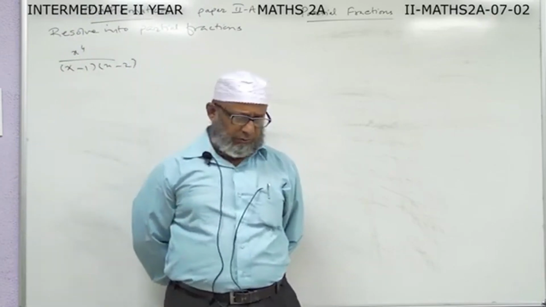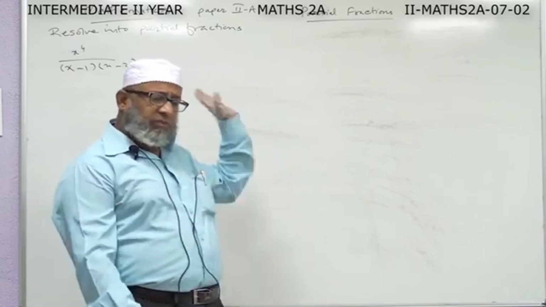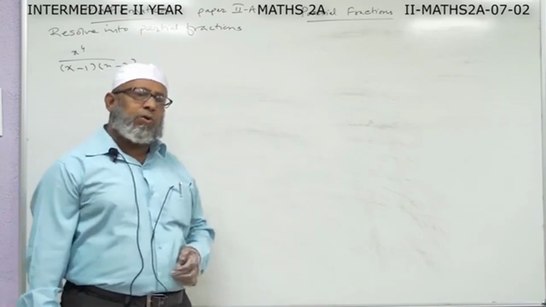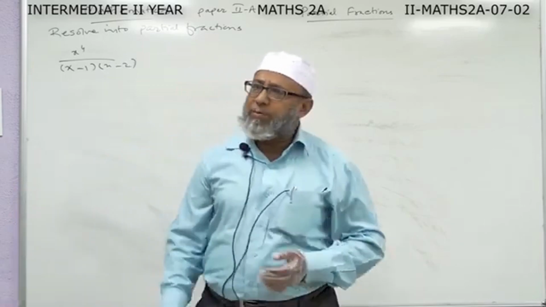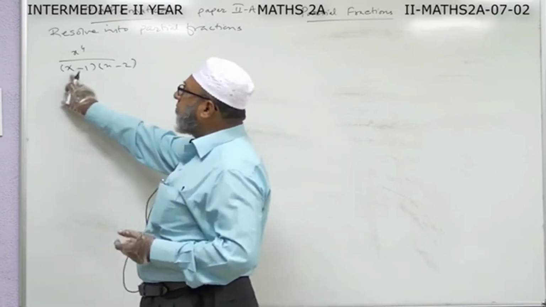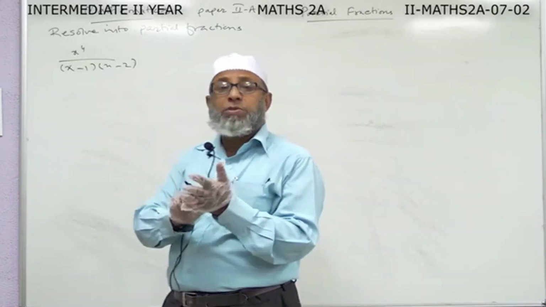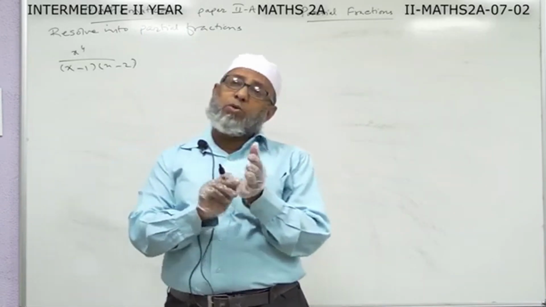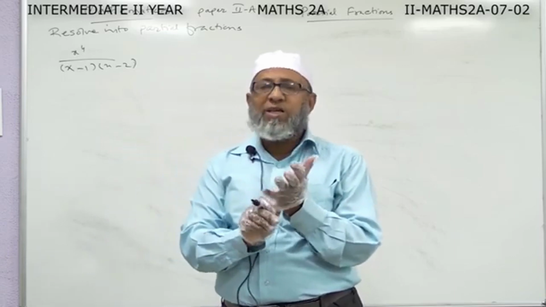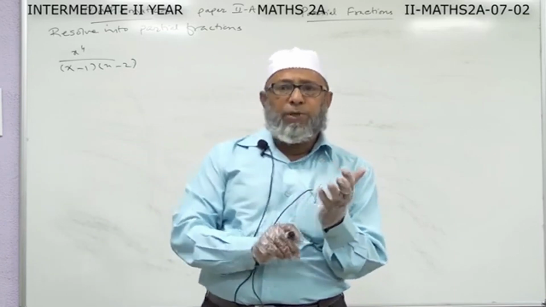Here, you may observe that the power of the numerator is 4, whereas the power of the denominator is 2. That is 1, if I multiply x into x, it will become x square. So it means that the power becomes 2. The denominator has a lesser degree compared to the numerator.